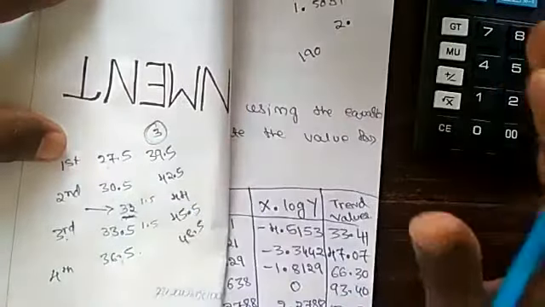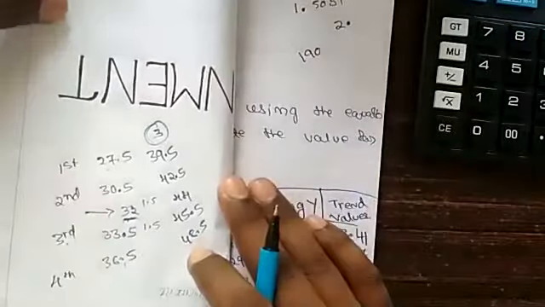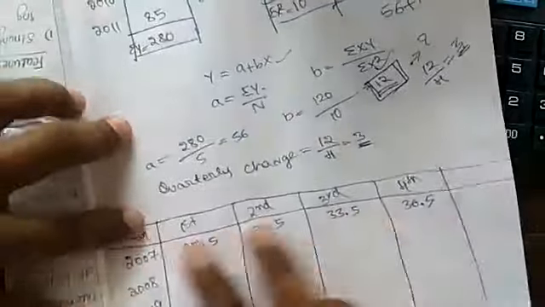Likewise, you have to find out for all years: 2009, 10 and 11. Now write down the values.